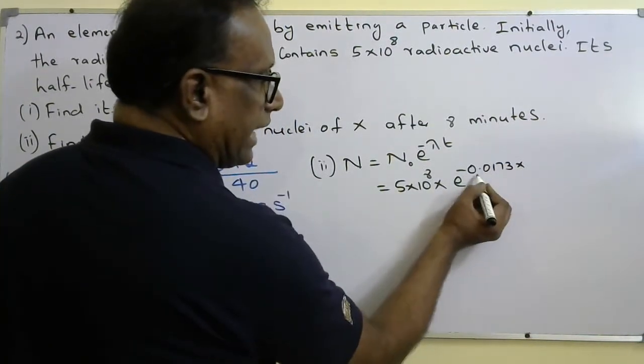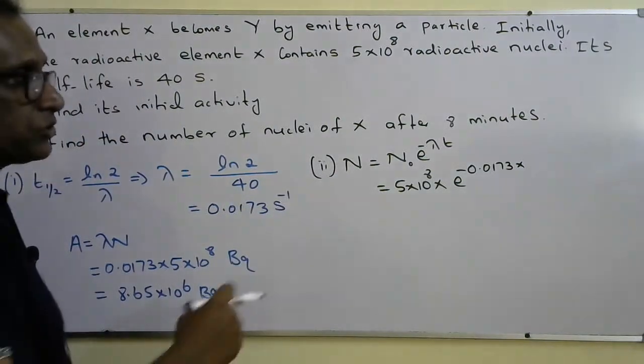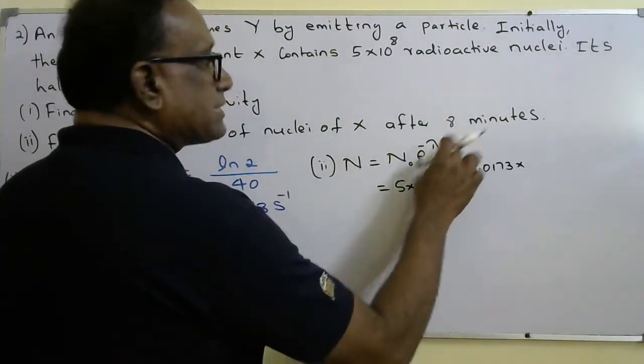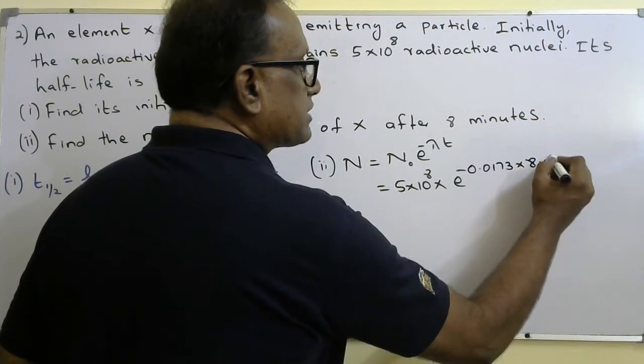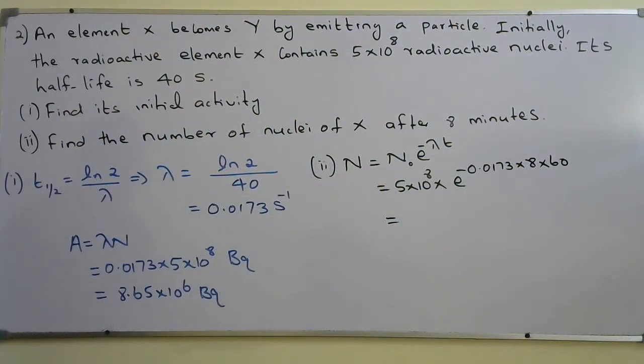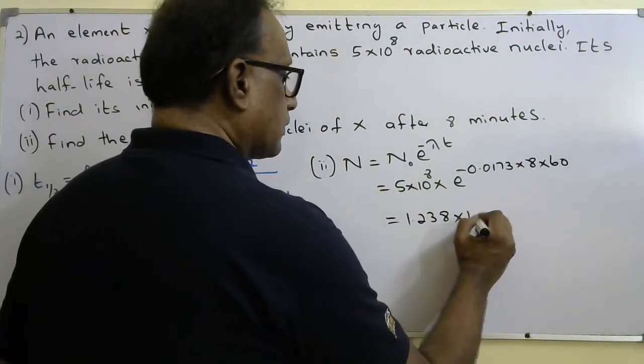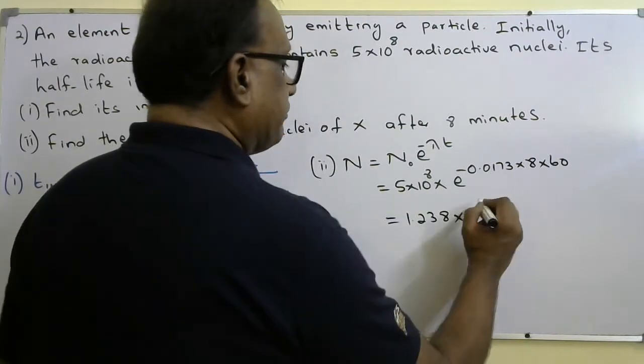I told you the units of lambda and t should be the similar type. So this is per second, and time is given as 8 minutes, so I should convert to seconds. You will get the final answer 1.238 into 10 to the power 5.